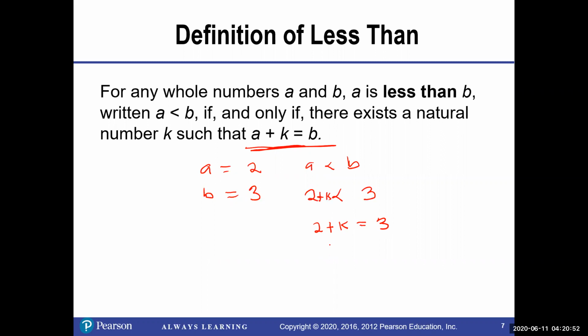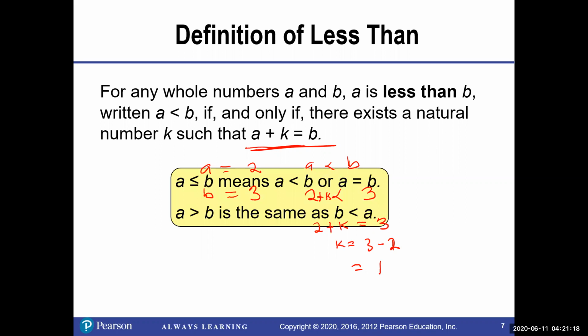Now you can simplify that, and then you have K to be what? 3 minus 2, which is what? 1. So there's a certain number that must be added to the lesser number to give you the number you want, and that is 1. Okay, good. So we talk about less than or equal to, you know these guys, right? A greater than B is the same as B less than A.